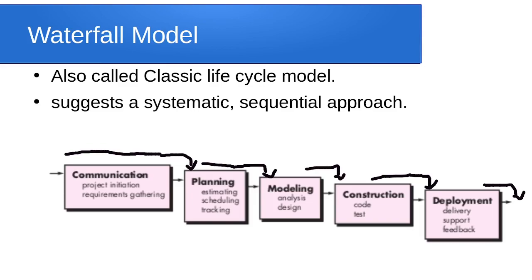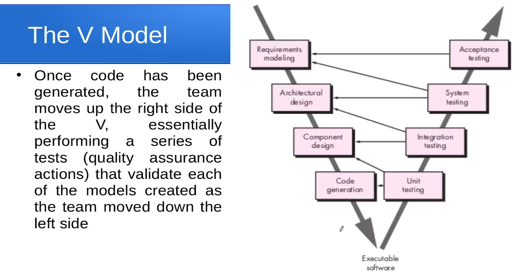A variant of the waterfall model is the V model. In this V model, what happens? These are the same phases of your waterfall model. Communication will be there, we will gather the requirements, and after that we will plan and design, then design the components, and then we will code it, and after coding we will perform the testing.